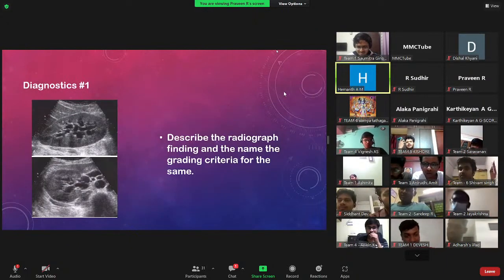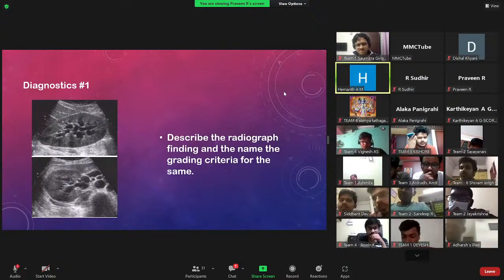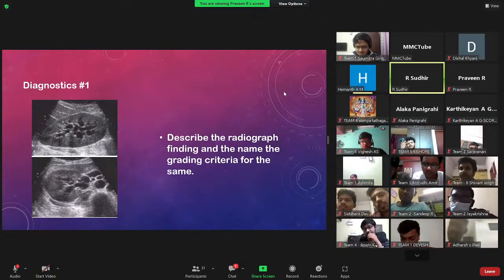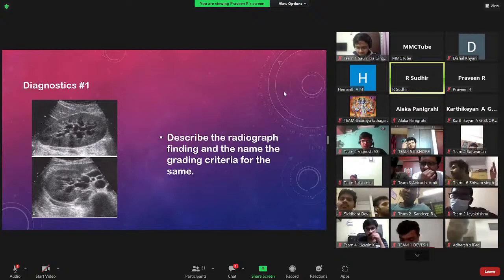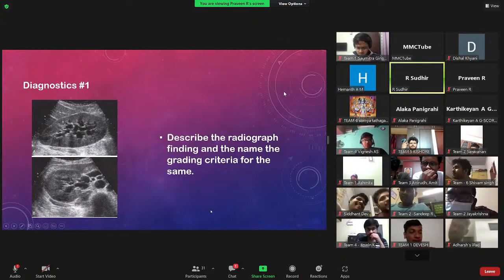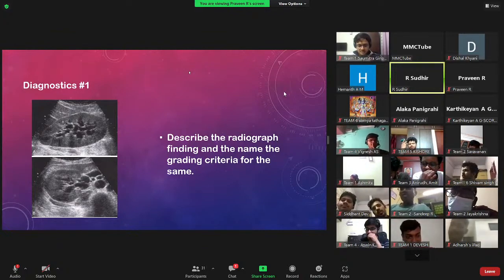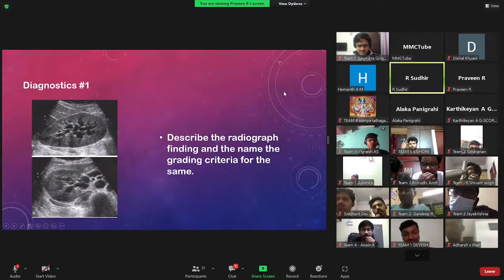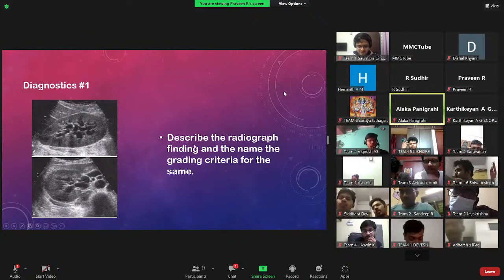Team 5, describe the radiograph finding and name the criteria for the pathology. Pounce starts. Pounce over. Pounce is closed.